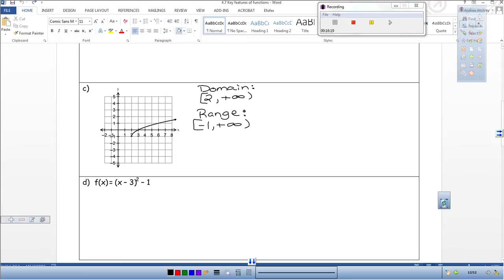Okay, then we need the intercept. Oscar, where does it cross the x-axis? Okay, it crosses right here at 3 for x and 0 for y.